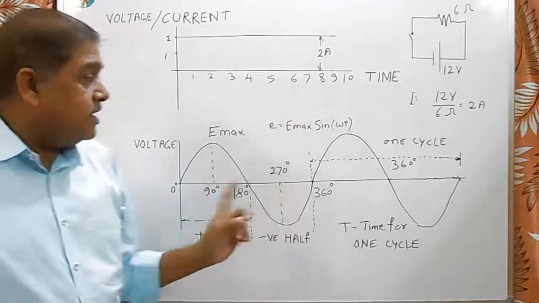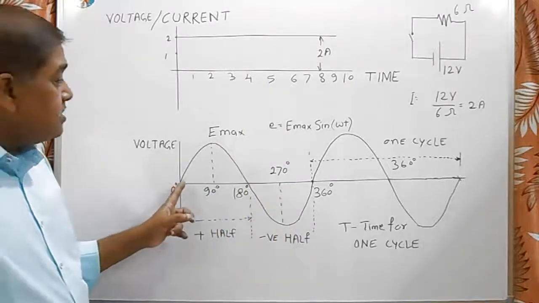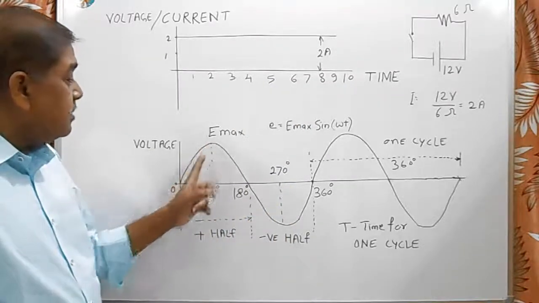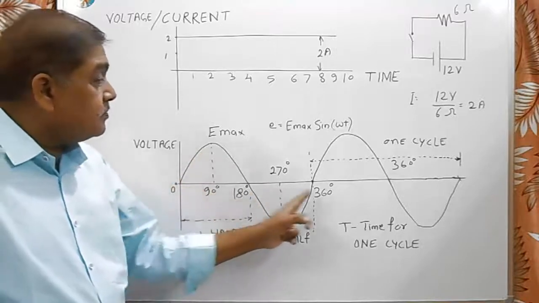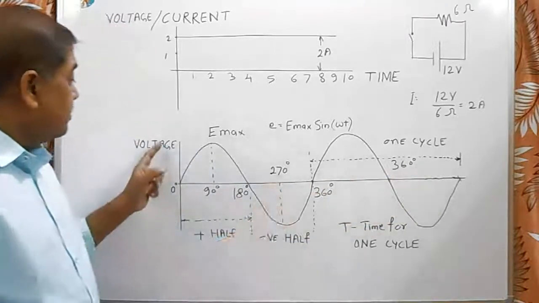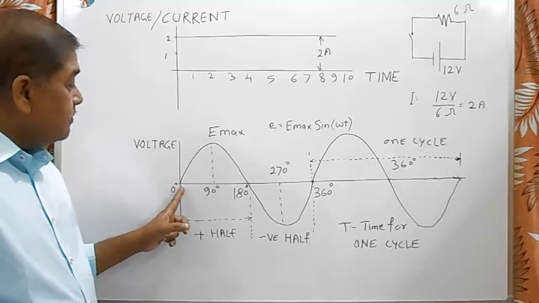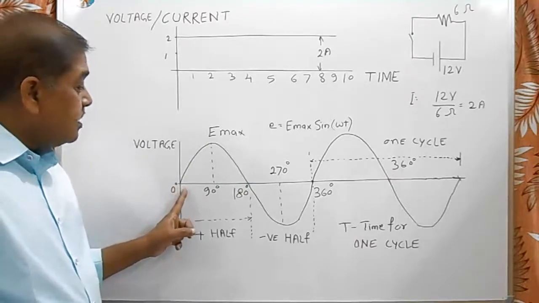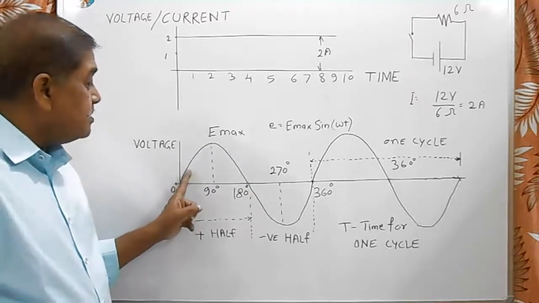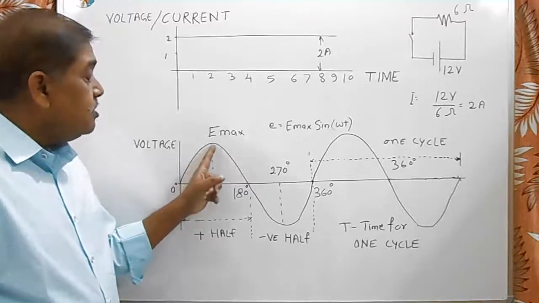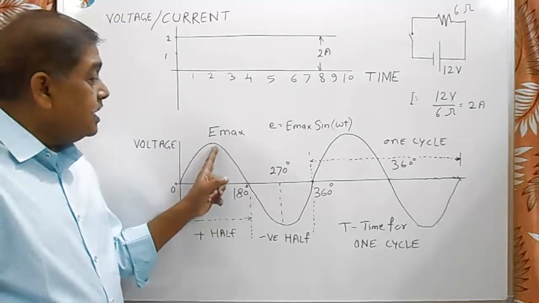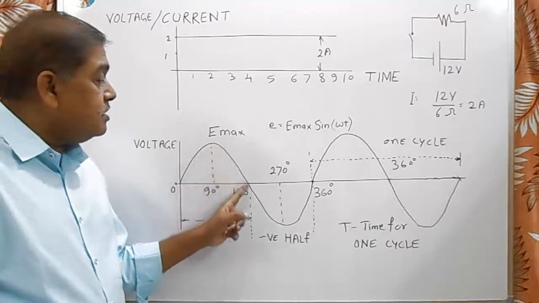But in case of AC, the value of voltage changes continuously with time. This is the time axis, this is the voltage axis. Here the value is 0. Gradually as time increases, the value increases and goes to the maximum value of E max. Then voltage decreases to 0.